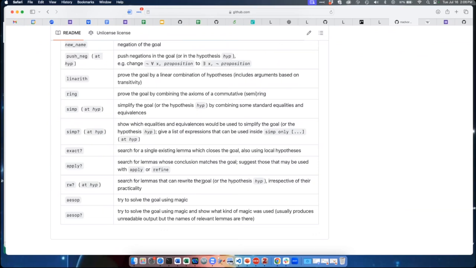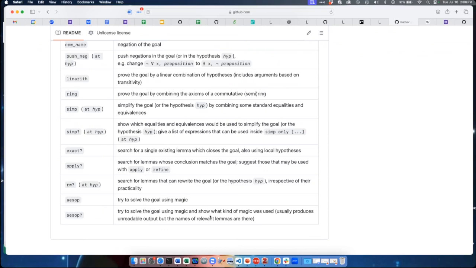Can I do a rewriting, a simplification of the goal using different things? Okay. And I love Aesop. Try to solve it using magic. This one's a really powerful and expensive thing that just tries to close the goal. One of my students uses this a lot to close the different theorems that we state for science and engineering. You can put a question mark to unpack what kind of magic was used.